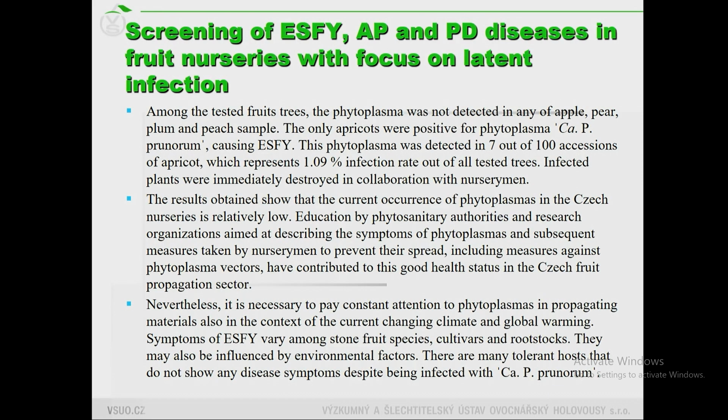So this is something like the conclusive remarks. These results show that, as I said, the phytosanitary status in Czech nurseries is relatively good, but it's necessary to pay constant attention to phytoplasmas in this propagation material, because especially in the case of latent infections, there is always a risk that these phytoplasmas can be introduced into the certification propagation system.